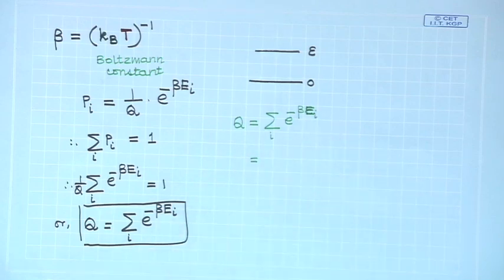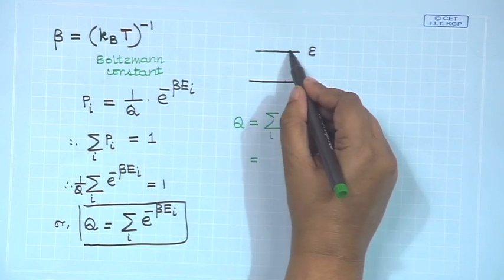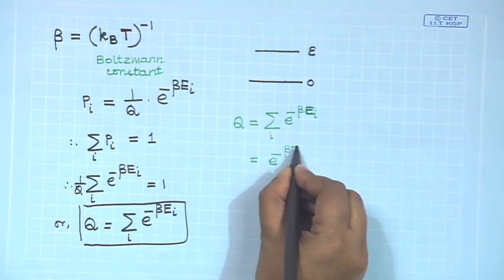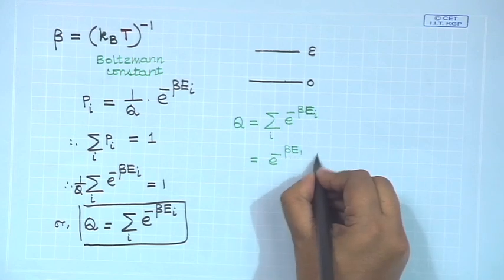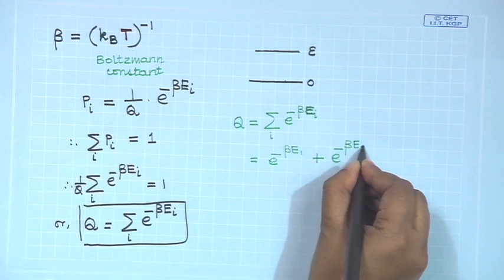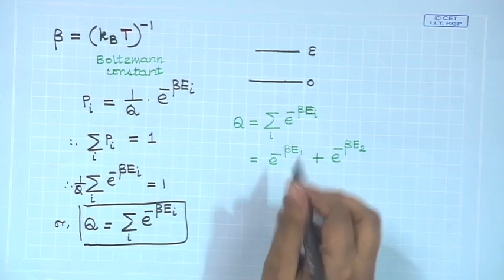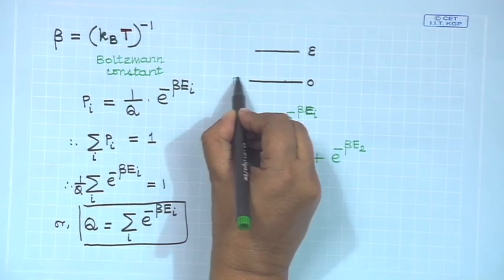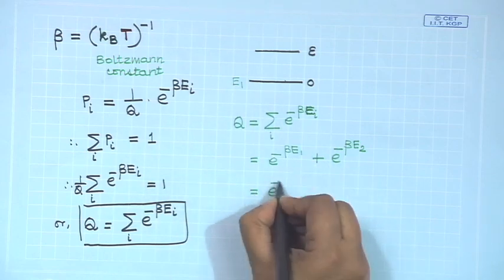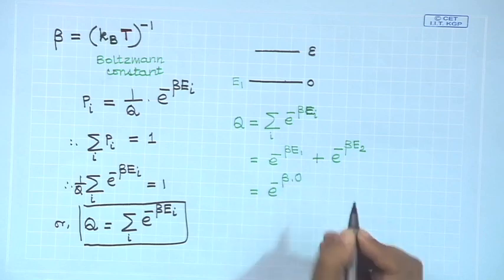How many microstates are there? How many energy eigenstates are possible? 1, 2. Therefore, I would say that this can be written as e to the power of minus beta E1 plus e to the power of minus beta E2. So, what is E1? E1 is equal to 0. So, I would write that as minus beta into 0.